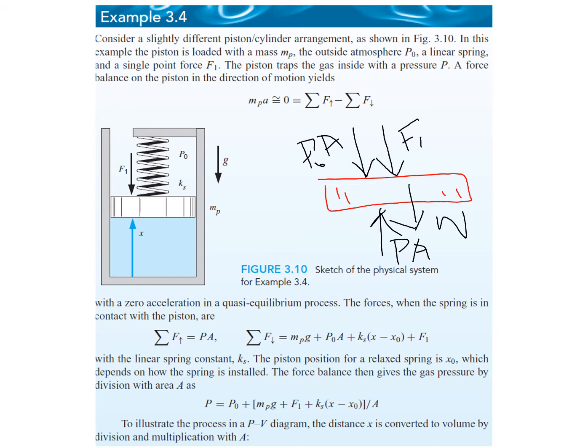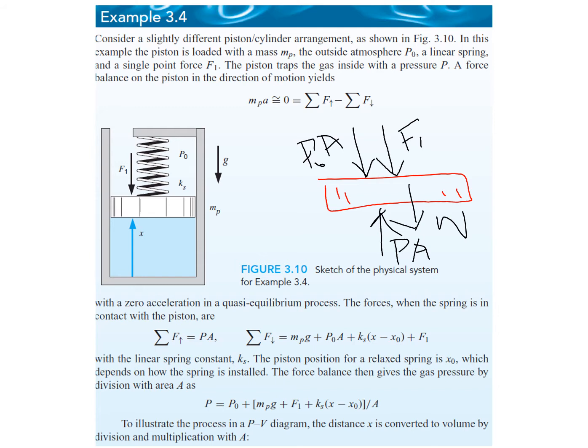Now if we apply Newton's second law, and we consider that the system remains in a quasi-equilibrium state during motion, which we have already discussed in on-campus classes, the motion is not abrupt.